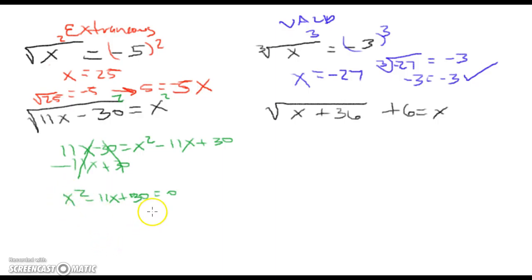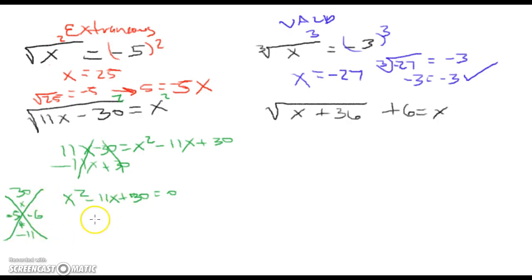So what two numbers multiply to 30 and add up to -11? I'll just draw my graphic organizer. Okay, what's going to add up to -11 and what's going to multiply to 30? Well, that's going to be -5 and -6.